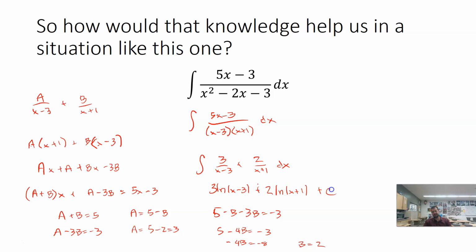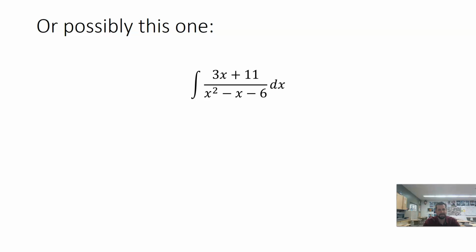Then we have our plus c on the end, and that is our answer. Most of those steps are pretty easy. There's just a lot of them that we have to do in order to get the correct answer on a problem like this. So just be aware of that for the AP exam. Okay, let's try one more just to make sure we've got it down.